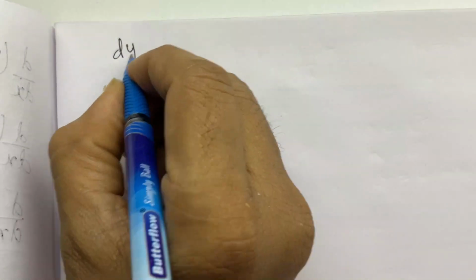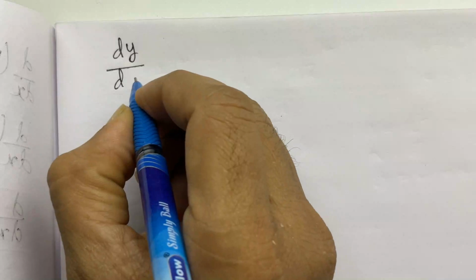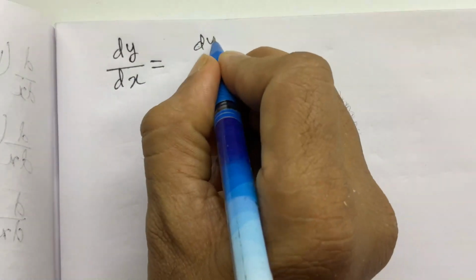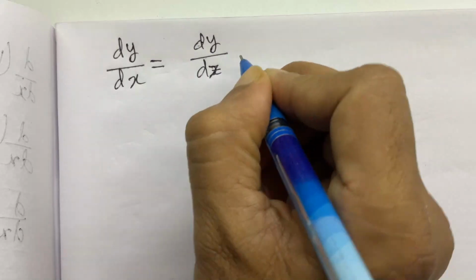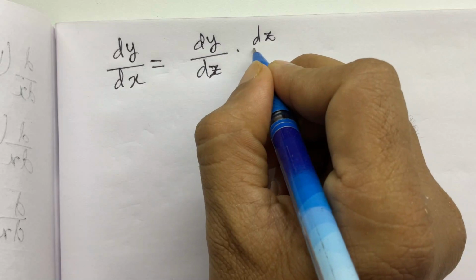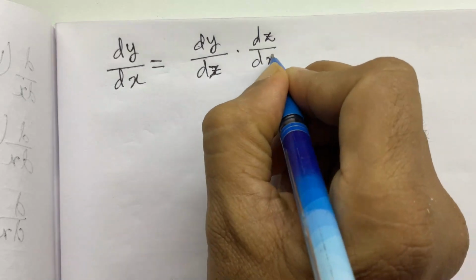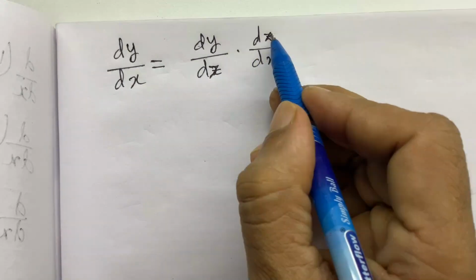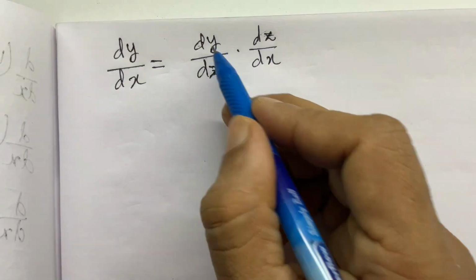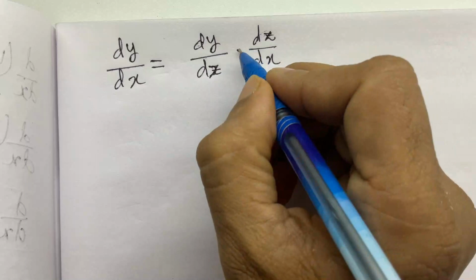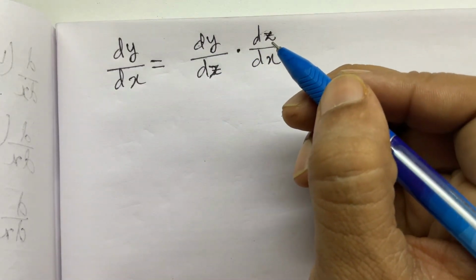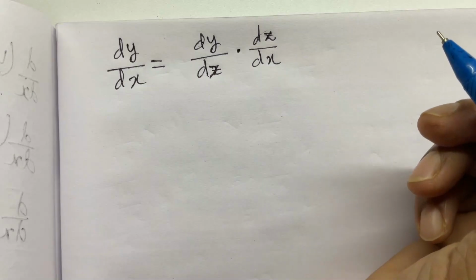It is dy by dx. Sometimes we need to do dy by dz and dz by dx. You can remember that dz and dz diagonally get cancelled and dy by dx remains. Okay, let's take one example.